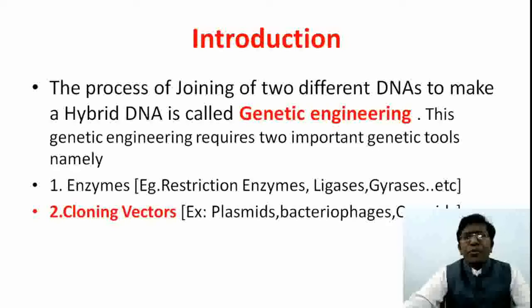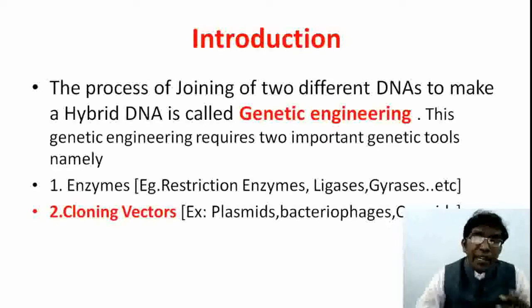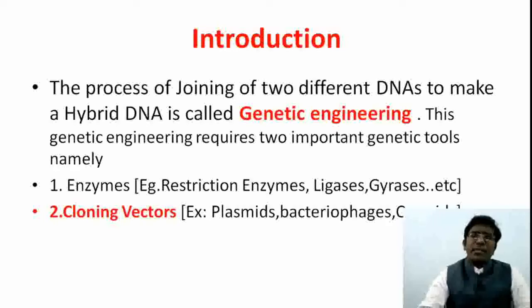These enzymes are all useful in genetic engineering. Well, that's the first half. The remaining second part of genetic engineering is cloning vectors, which we are going to learn in this class.